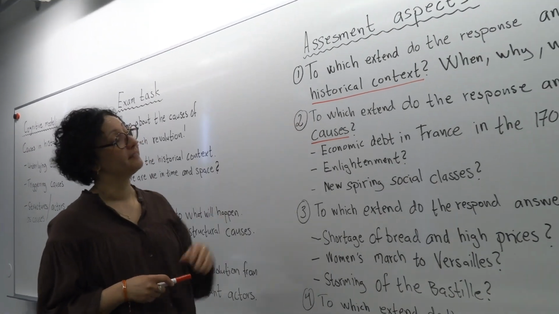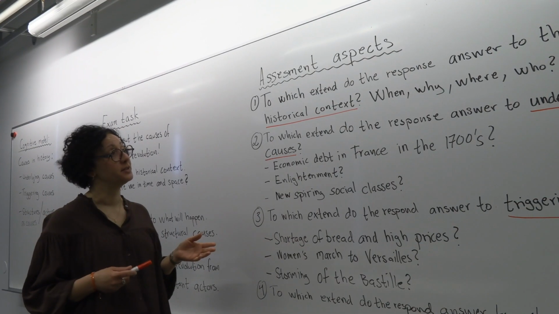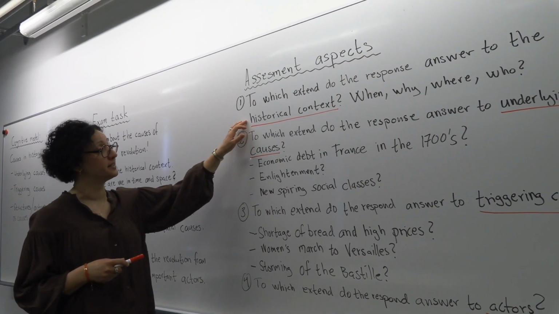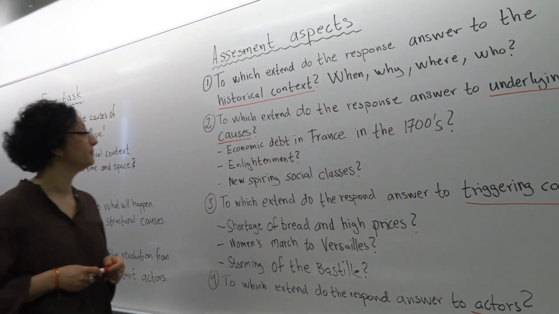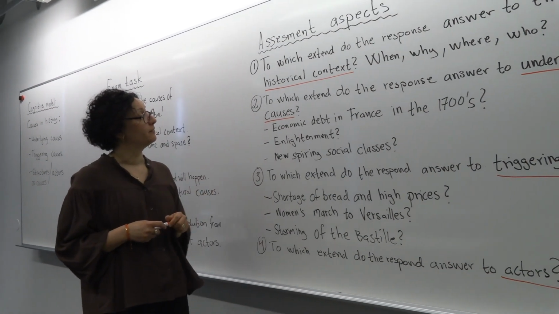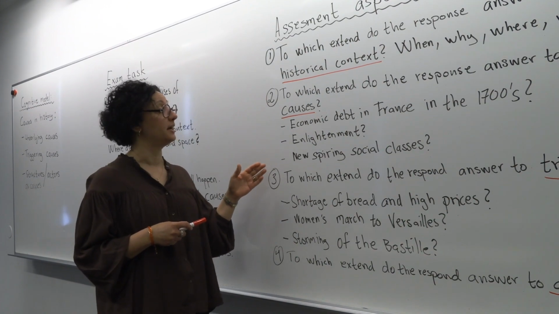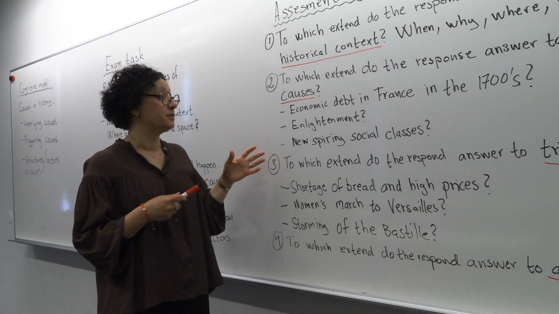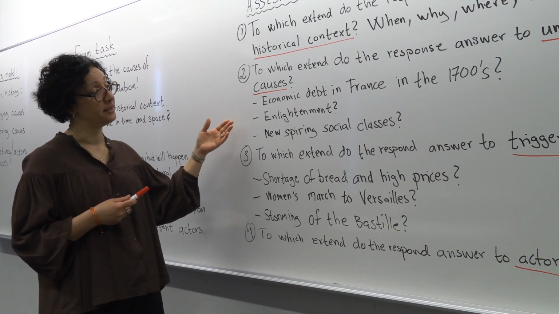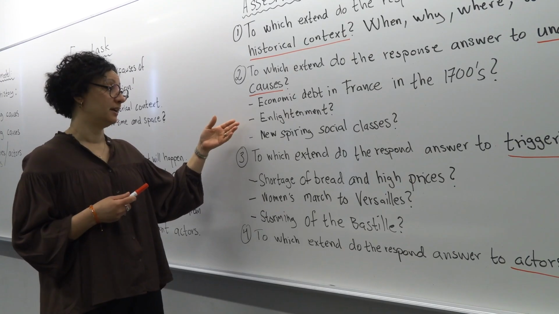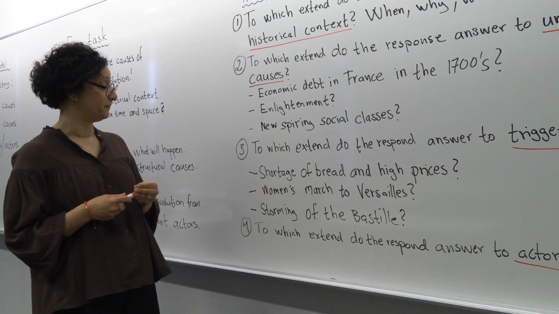So number 1, to which extent do the student's response answer to the historical context? And the help questions here are when, why, where, and who. And number 2, to which extent do the response answer to underlying causes? And here the students could lift up things like economic debt in France in the 1700s, enlightenment, new spiraling social classes maybe.